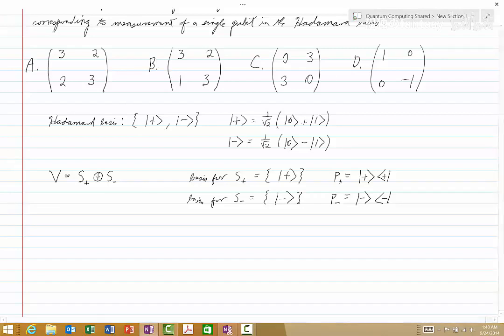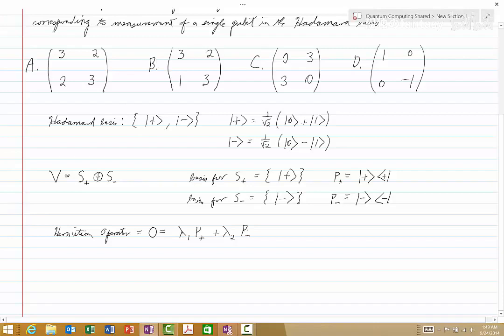Now for the Hermitian operator, which we can maybe denote as O, we want it to contain both of these projectors, but we don't care in what proportion. So I'll say that it's equal to lambda 1 P plus plus lambda 2 P minus.